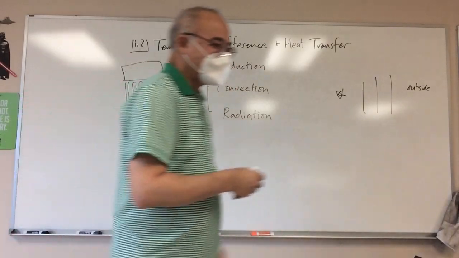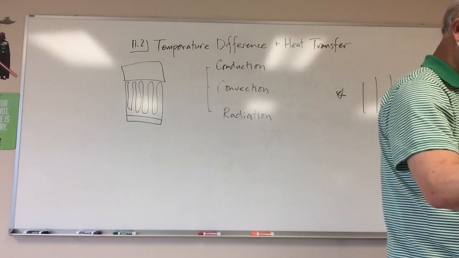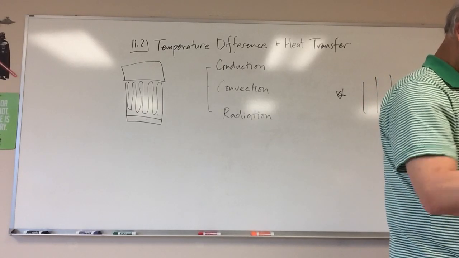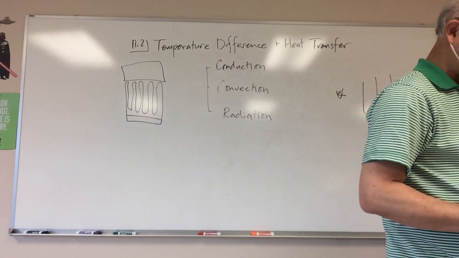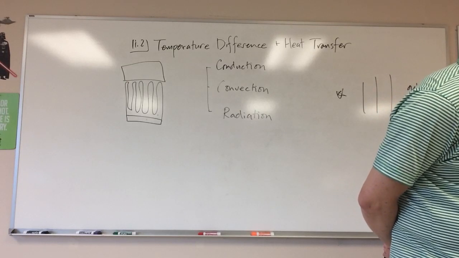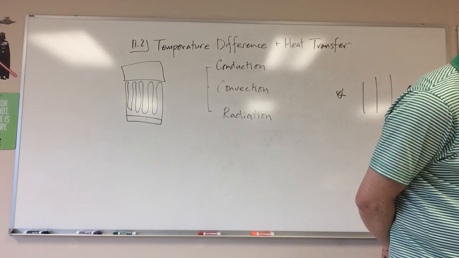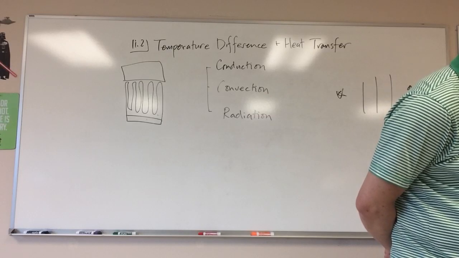Okay, so that's the difference between conduction and convection. What is radiation? Radiation is kind of all by itself, right? The higher the temperature of the surface of the object, the more thermal radiation.